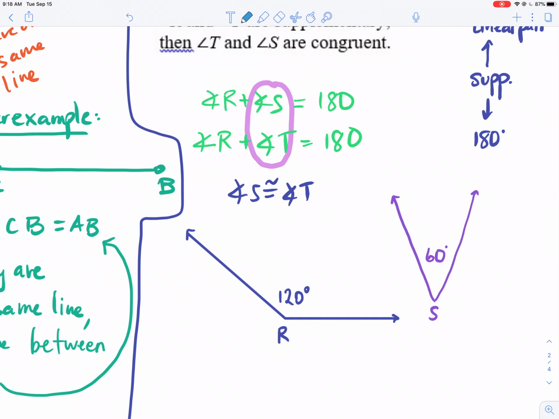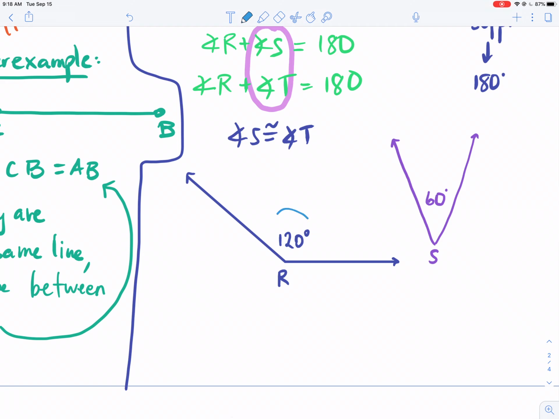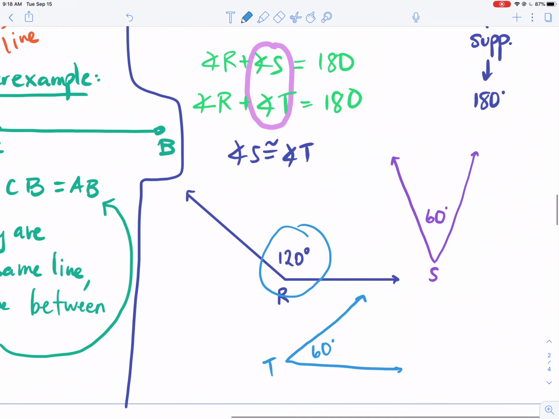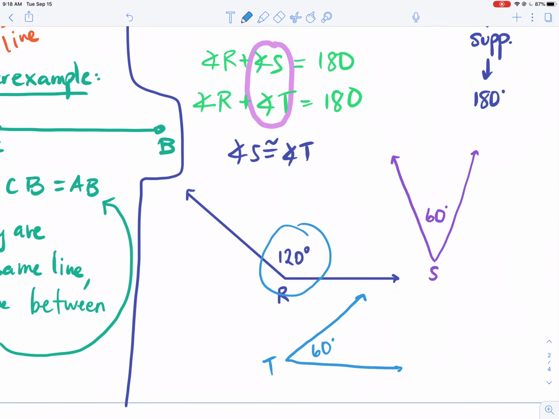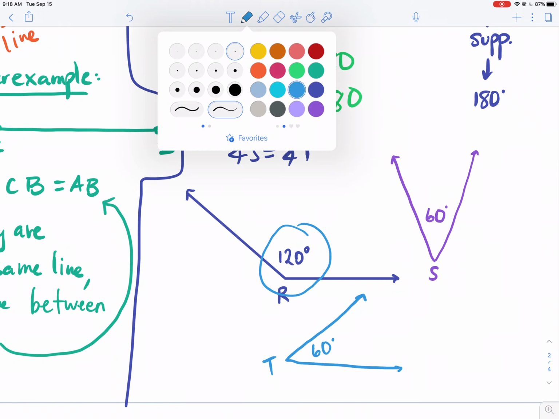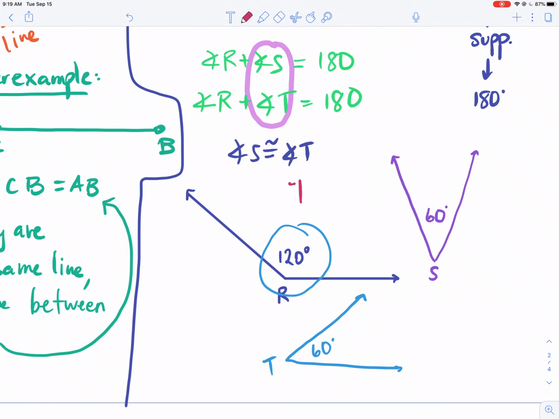Okay, so I would also say, all right, angle R again is 120. What does angle T have to be in order for it to equal 180? It would also have to be 60 degrees. So therefore, we can conclude that angle S is congruent to angle T. And so we'll say that this conjecture is true.